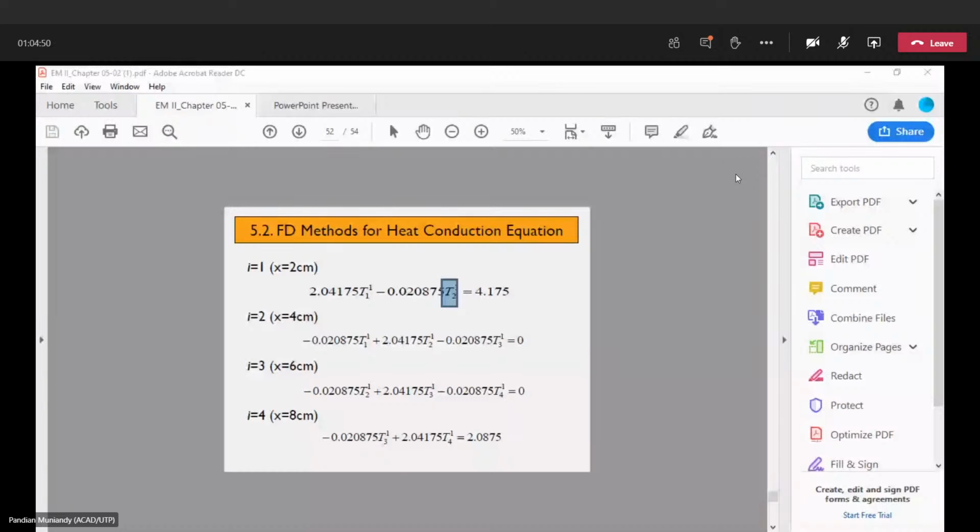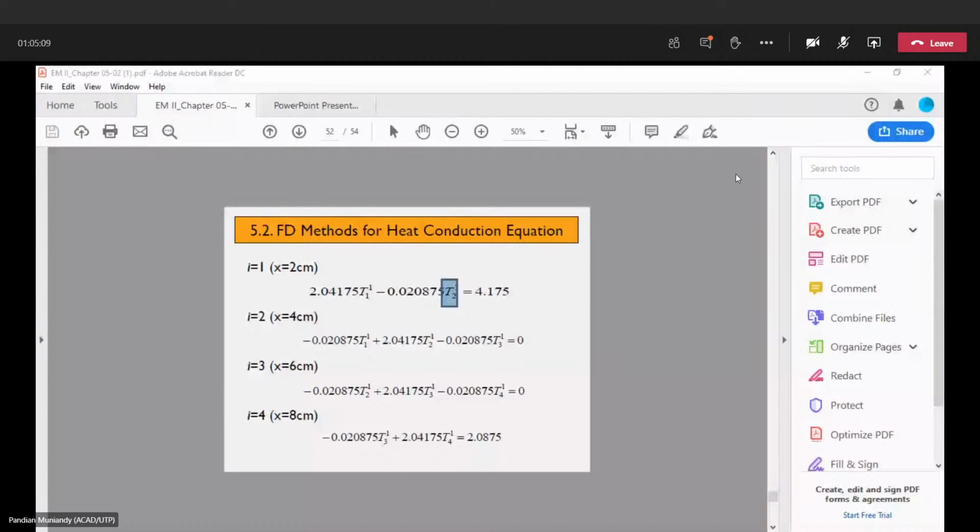So you should be able to calculate 0.020875 multiplied by 0.02091 divided by 2.04175 equals what? T13.